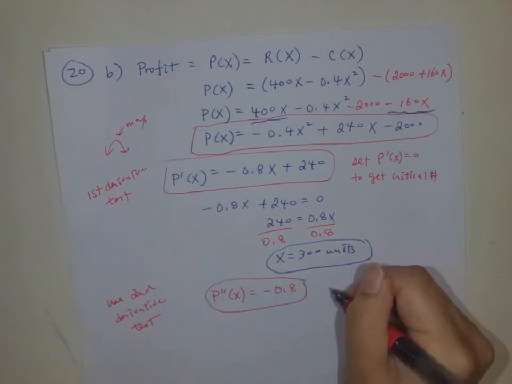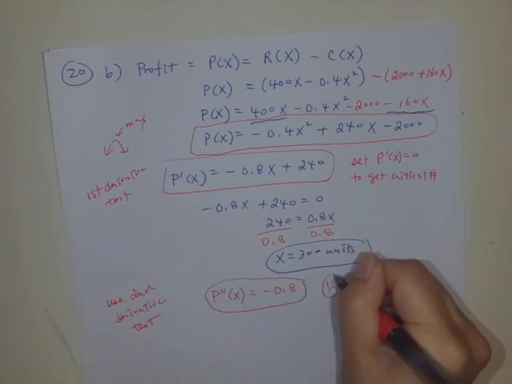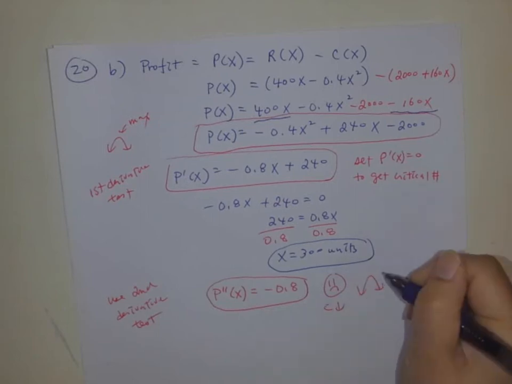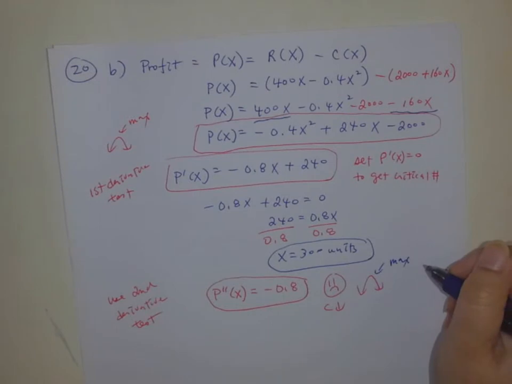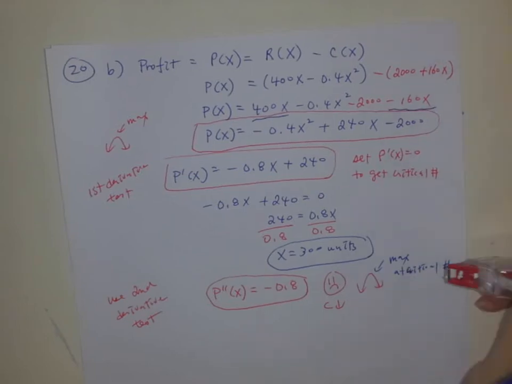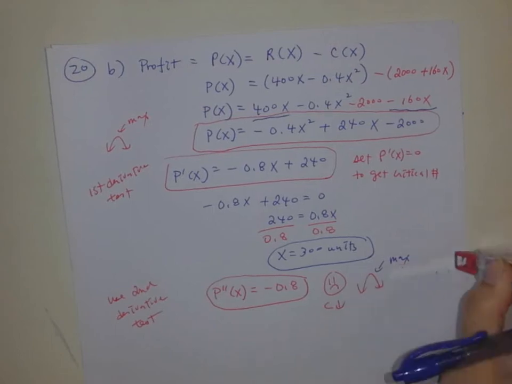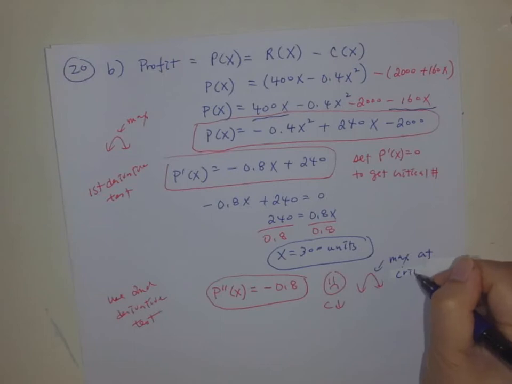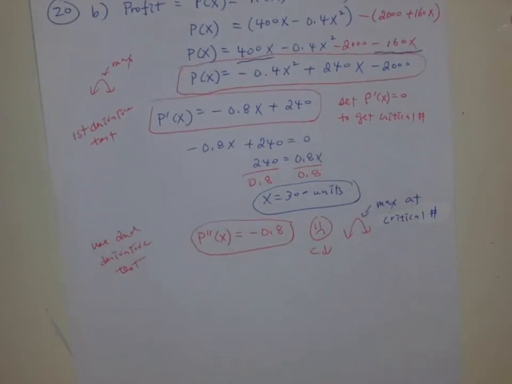You get a negative number, so this is going to be a sad face, concave down, with a maximum at the critical number. My spelling looks horrible, sorry about that. Alright, got it.